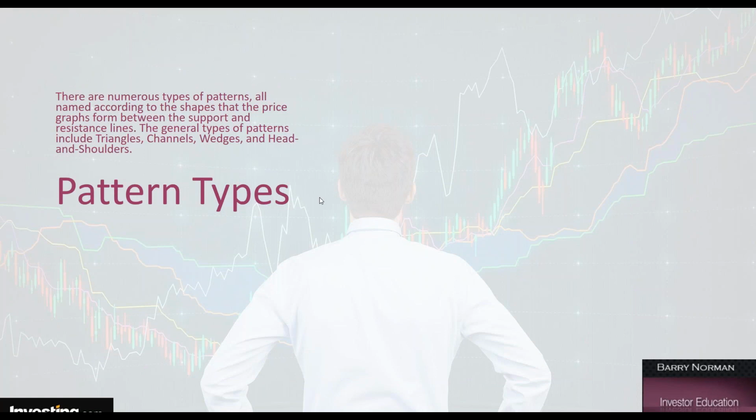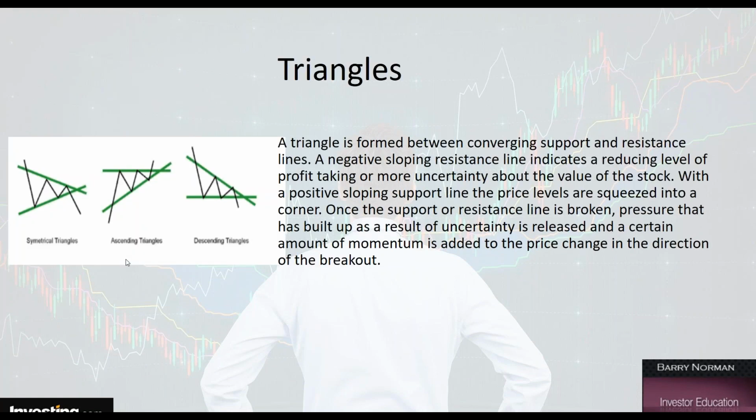Now, there are numerous types of patterns that we can see developing in charts. Okay. And these are price movements. And these movements on a chart tell you something. And they're not very complicated. We have, first of all, what's called triangles. Triangles are the movement of price in a chart based on a support line and a trend line.